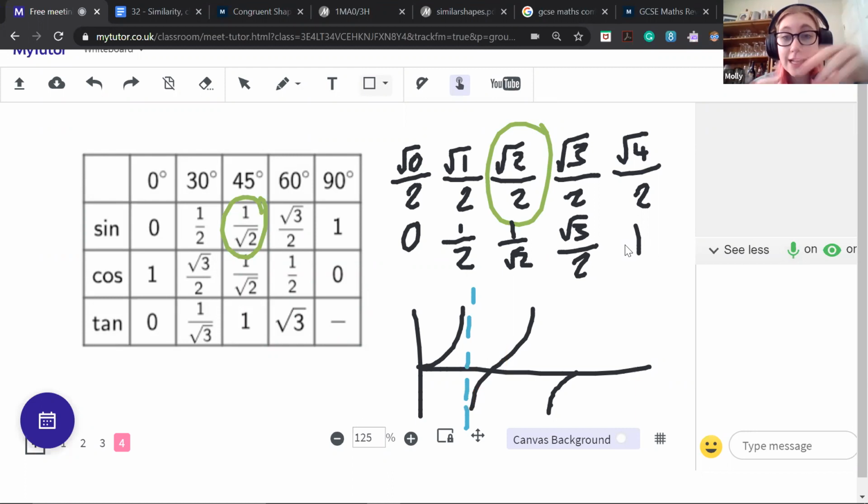But actually tan of 90 doesn't exist. It just tends towards it. It's kind of like the same thing as how you can't divide by 0. If you divide by 0.000001, you get a huge number. If you divide by minus 0.000001, you get a huge negative number, but you can't actually divide by that 0 there.